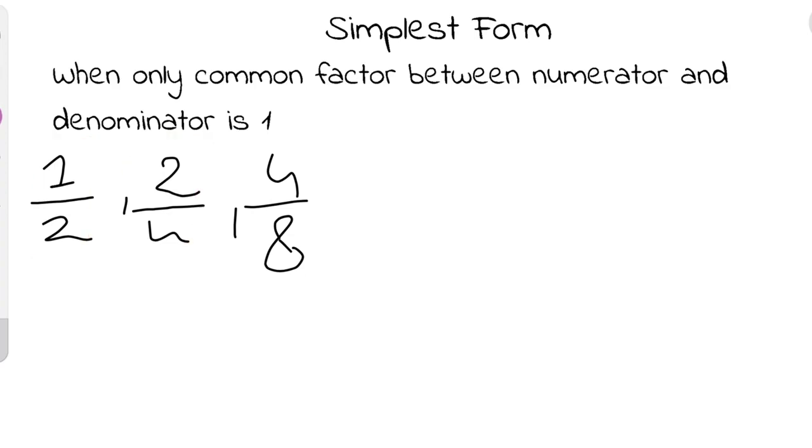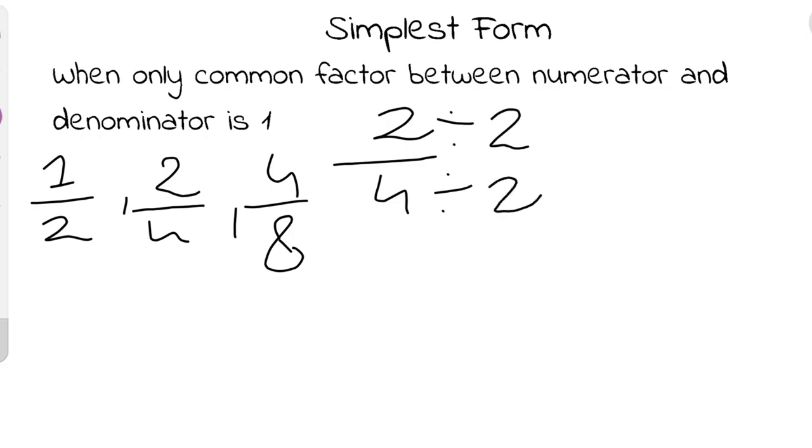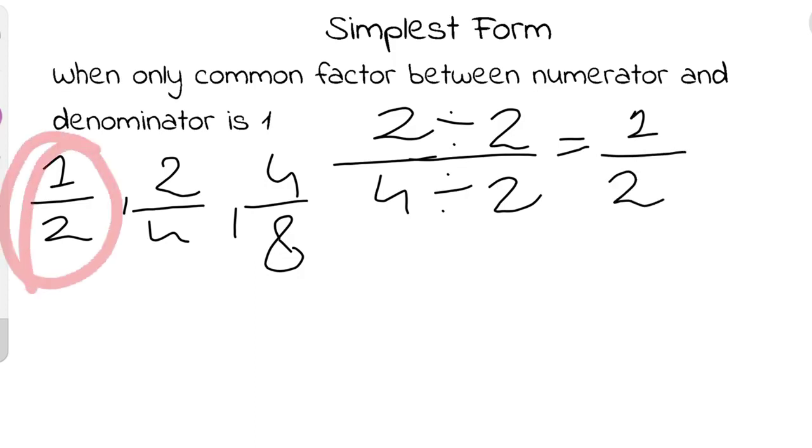2 by 4 has a common factor, that is 2. So we will divide both the numerator and denominator by 2. We will get 2 divided by 2 is 1 and 4 divided by 2 is 2. Now if you can see here, this is also 1 by 2 and this is also 1 by 2.